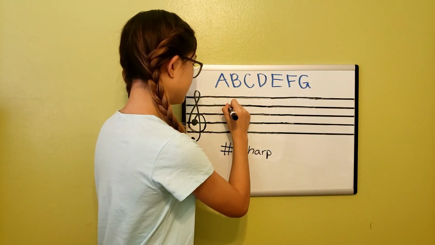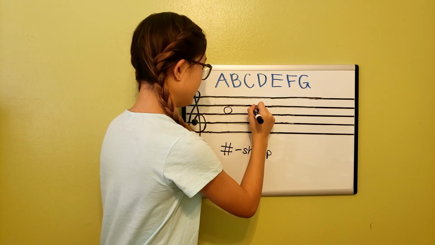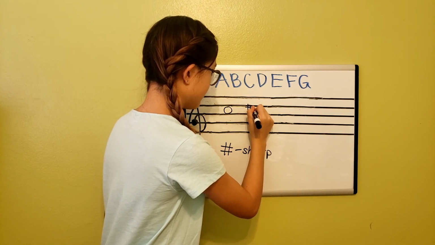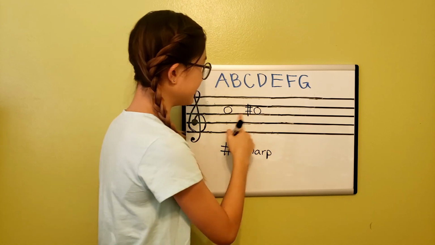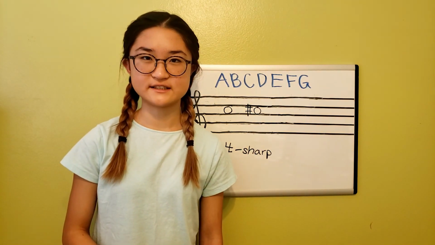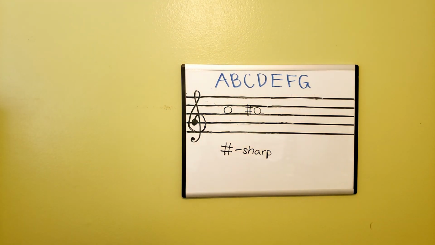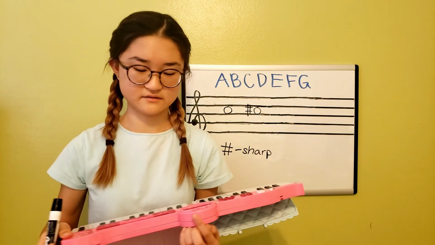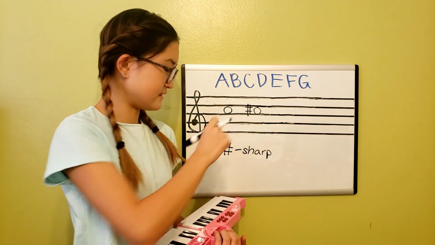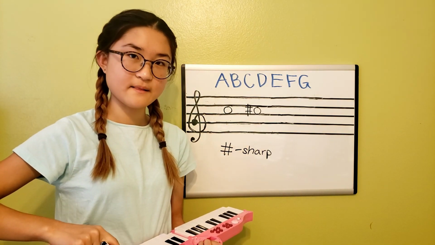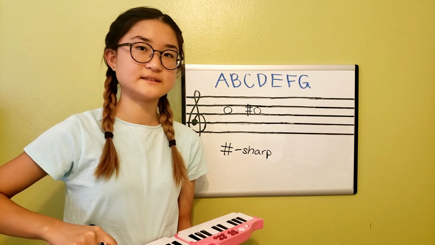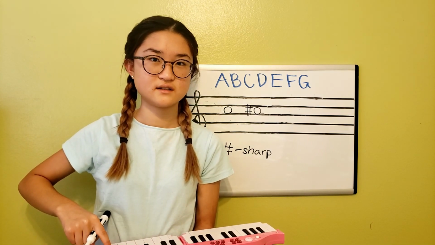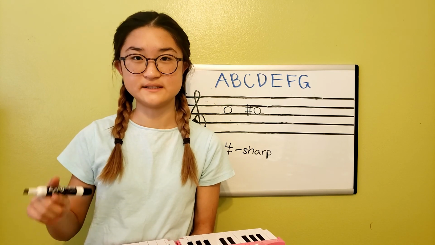For example, C and C sharp. Looks like this. And I will demonstrate their tone using this toy piano. So C right here sounds like this, and C sharp sounds like this. See how C sharp is a bit higher?